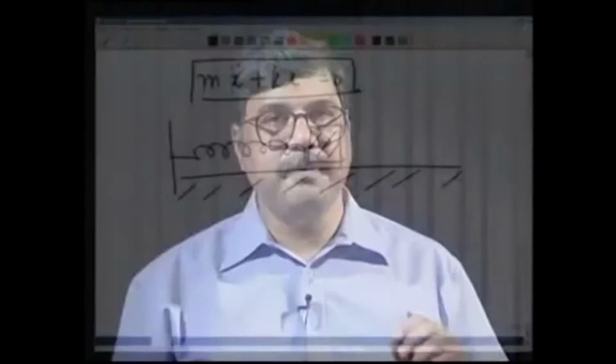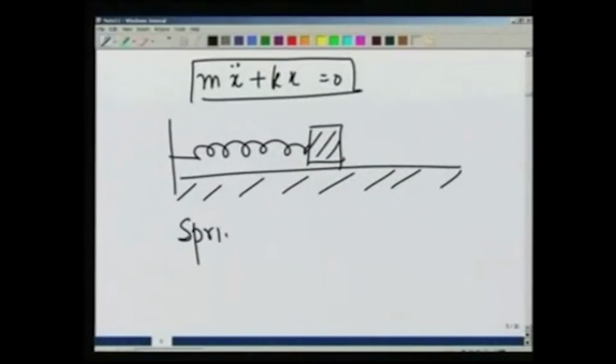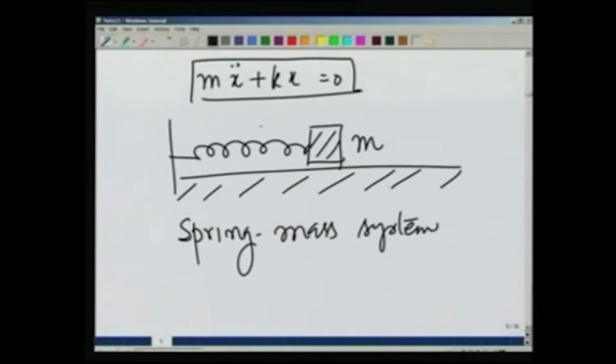So the prototype of simple harmonic motion is going to be a spring mass system, with a mass m and a spring constant k, and you can already see that there are many examples where I can apply this as the first form of approximation to the real motion.